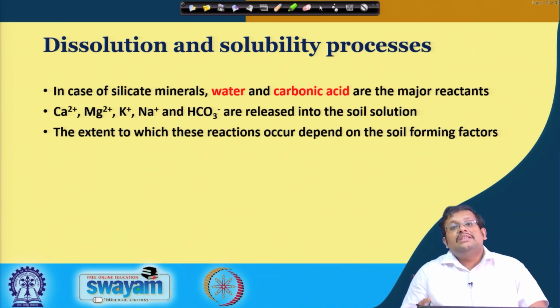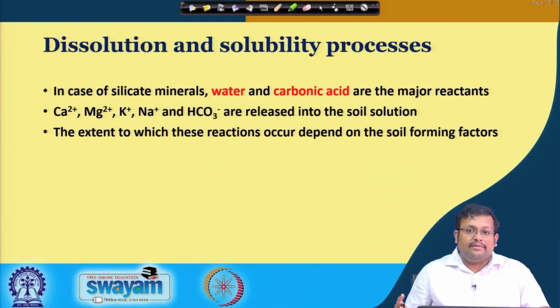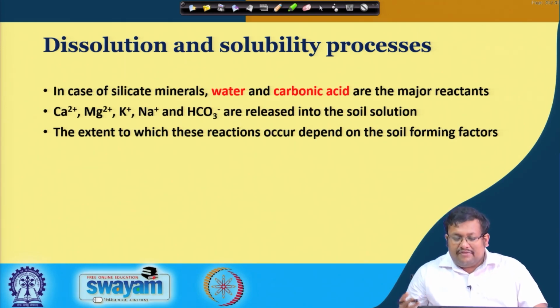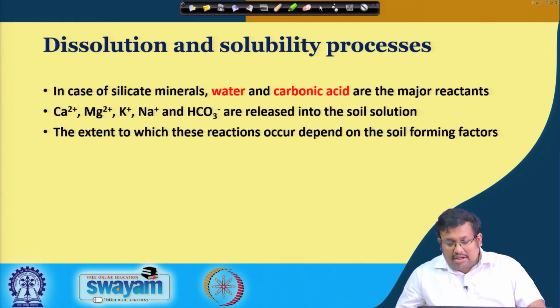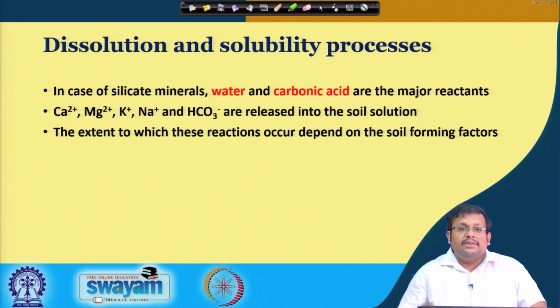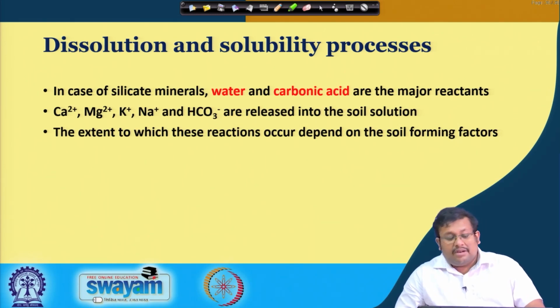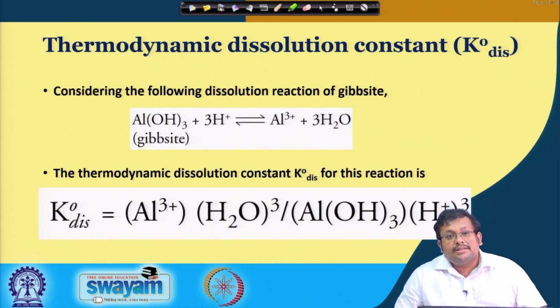The extent to which these reactions occur depends on the soil forming factors, obviously, such as different climatic conditions, whether there is a warm and humid climate, whether there are mild acids exuding from the plants, or the presence of other factors. Topography also determines the dissolution and solubility process.